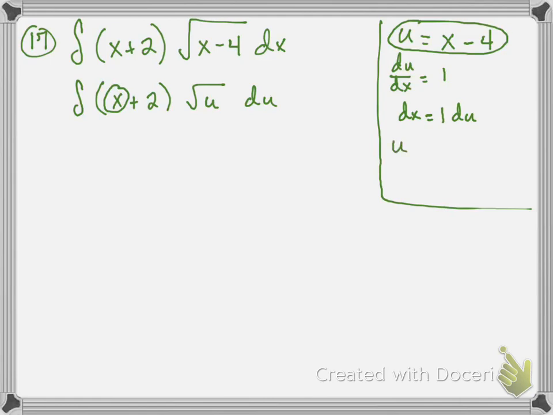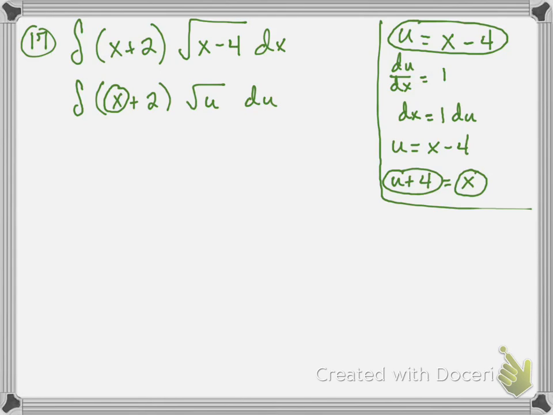So go back to this, u equals x minus 4. And I'm going to get x by itself. So I have u plus 4 is equal to x. So now I can substitute u plus 4 in place of x.